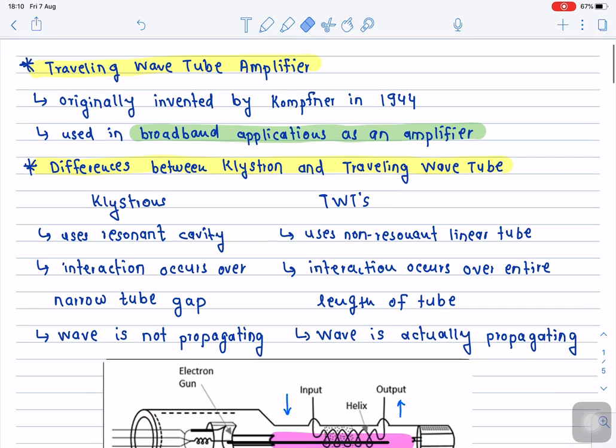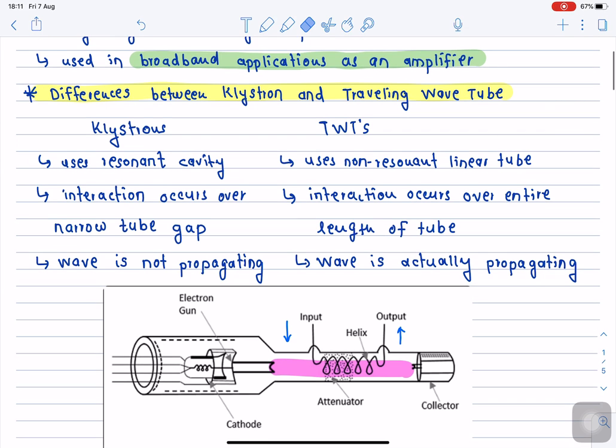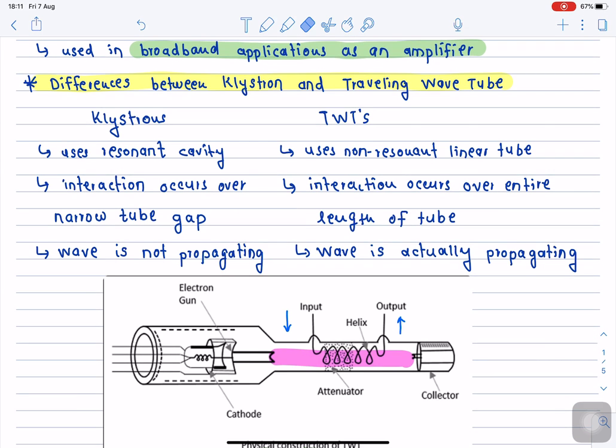So first of all, in order to understand the basic working principle of a traveling wave tube amplifier, we should know the differences between the two cavity klystron which we already studied, which is acting as an amplifier, and this type of tube.